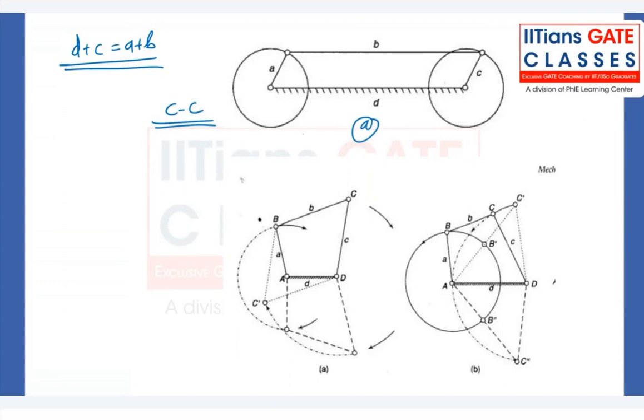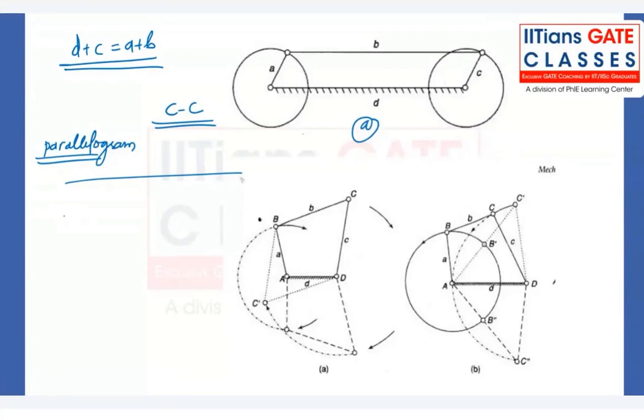Okay, so you can imagine this is a double crank mechanism. Then in the next figure, this is a different situation. This is the parallel case, where the opposite links are of the same size, and this is a deltoid case.